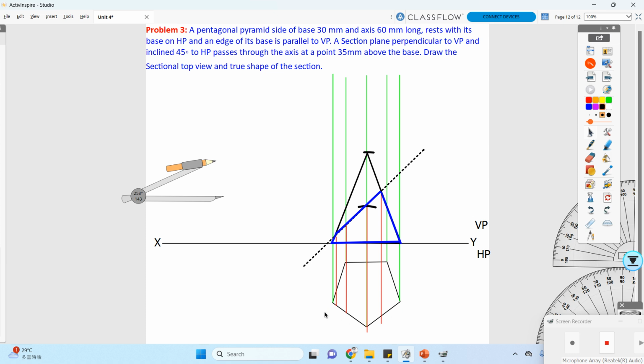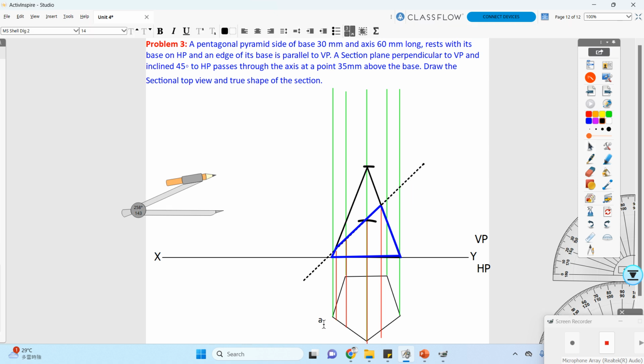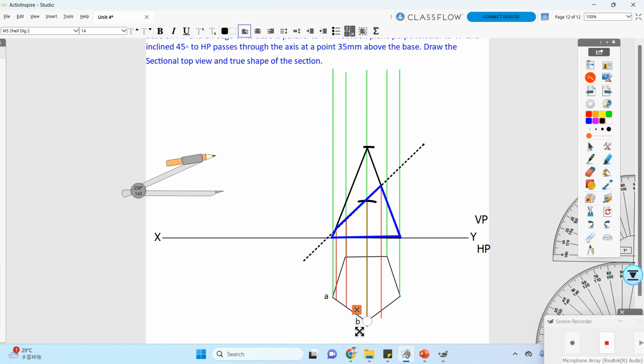So I am going to start my notations. I am going to start this as A. This is my point A and this is my point B over here.